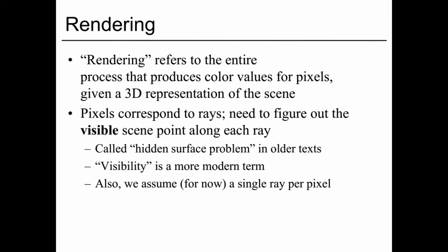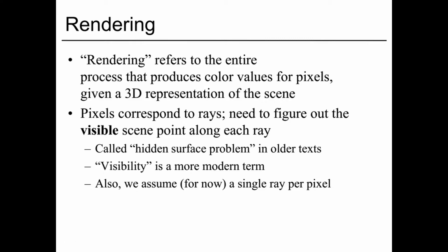Rendering refers to the entire process that produces color values for pixels. We have already described rendering as the process of drawing elements of a scene, but it can be more concretely defined as what is shown here, that is, producing color values for pixels given a representation of the scene.